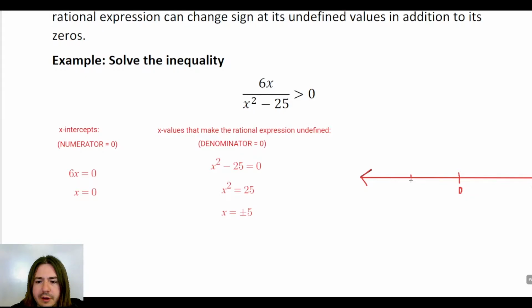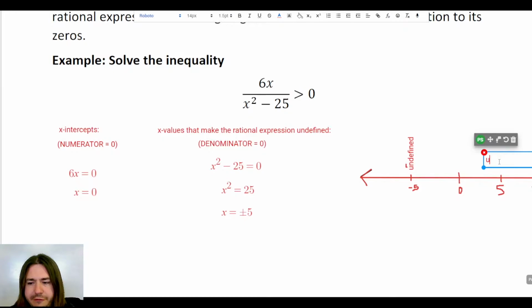And it may be worth, in this particular example, it doesn't make a difference, but in general, it's worth labeling these numbers with whether or not they're equal to 0 or if they're undefined. So at -5 and +5, these are going to be undefined. And so, maybe I'll actually type that out to make it look a little nicer. Undefined. I'll rotate it. Make this look real good. Okay. And at 5, it's also undefined.